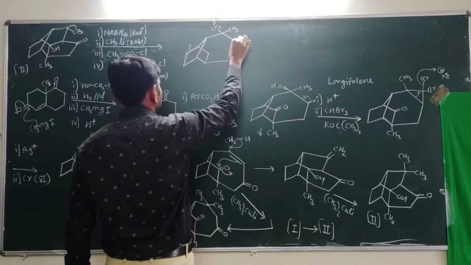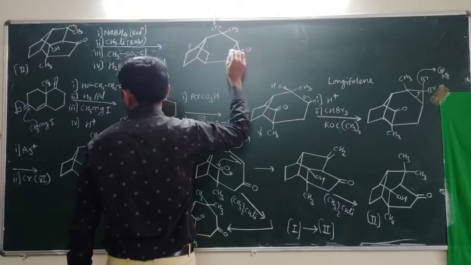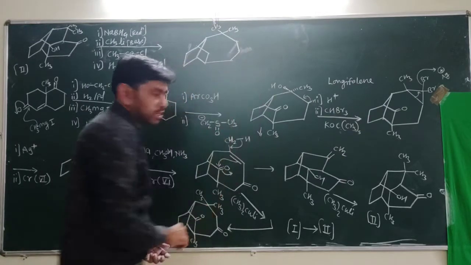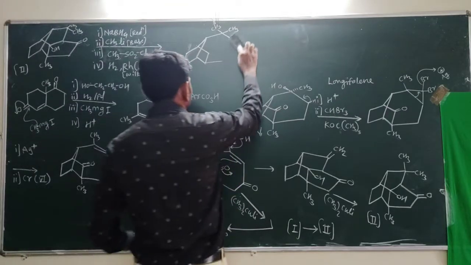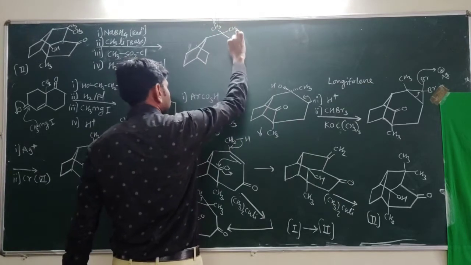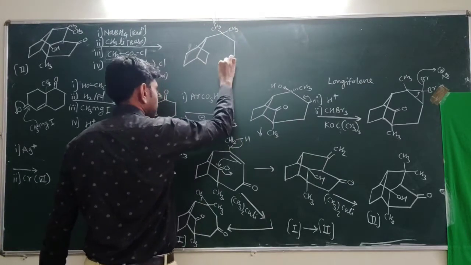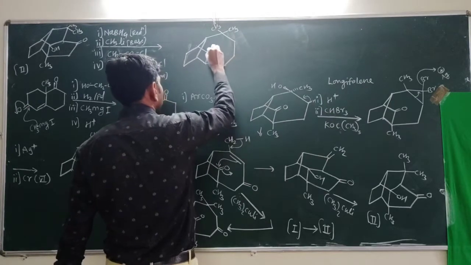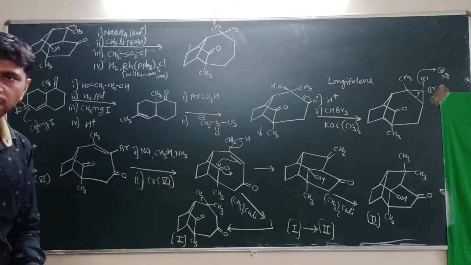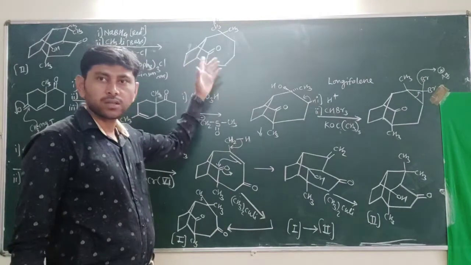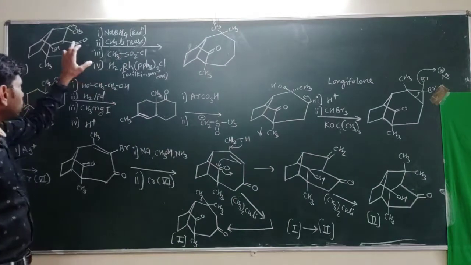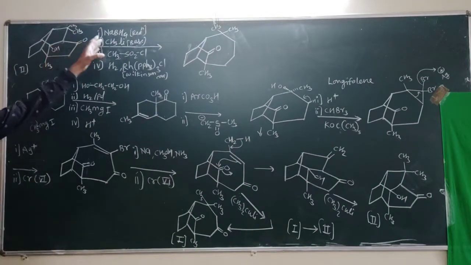Now the carbon group is removed from here and double bond formation is there. The double bond forms, it is removed from here, and we obtain this product. Now it is easier to prepare the longipolline molecule from this, because as we know how longipolline forms. But let's see how this reaction occurs. This reaction occurs by using all these reagents.